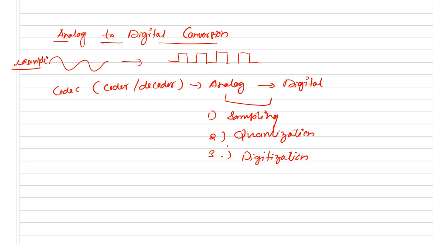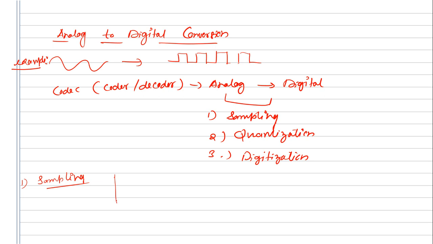Now let's learn each of the steps one by one. The first step is called sampling. In the sampling process, the signal that you have taken in this example is sampled, and they create pulses, each representing the amplitude of the signal.